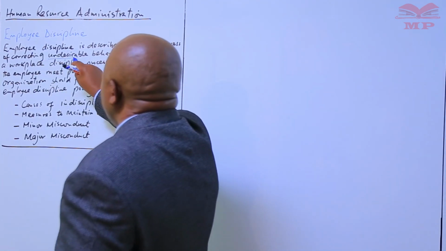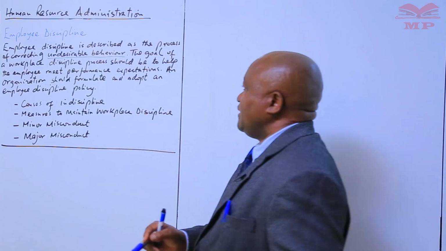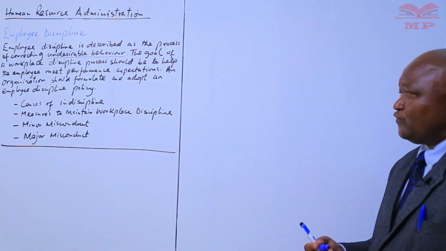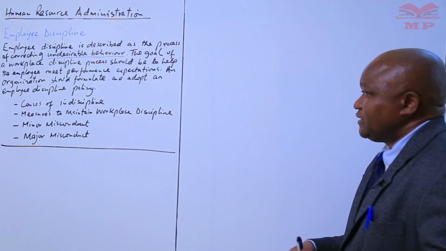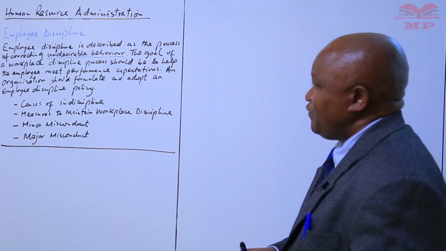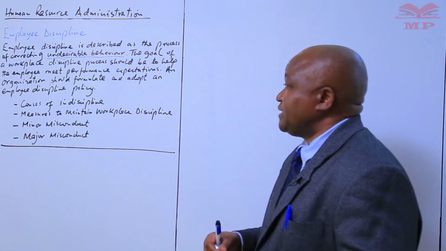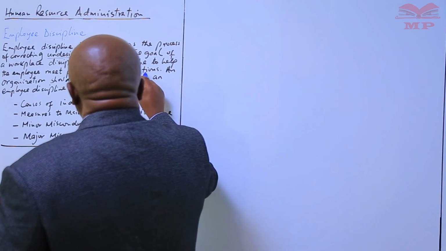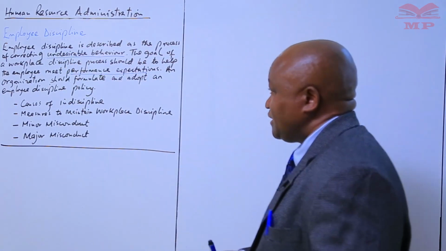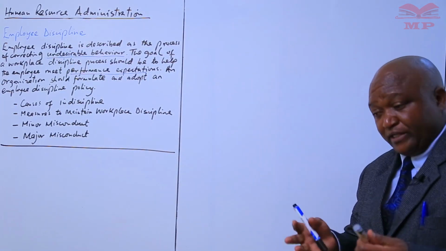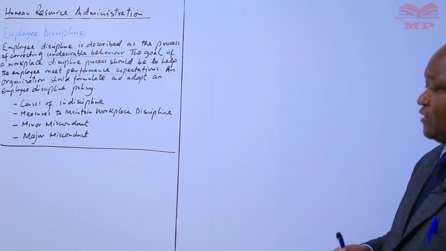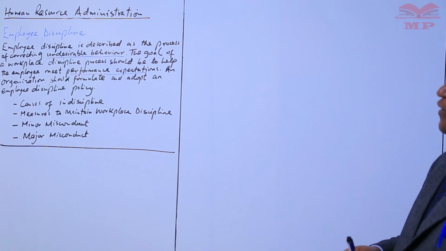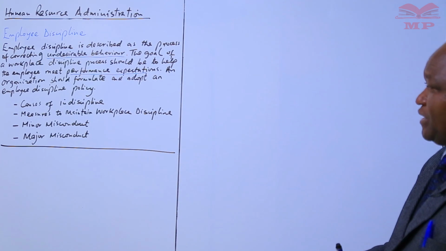The goal of a workplace discipline process should be to help the employee meet performance expectations. The employee is in the workplace because of certain performance expectations, and that's why the workplace discipline process is meant to help employees meet that performance.